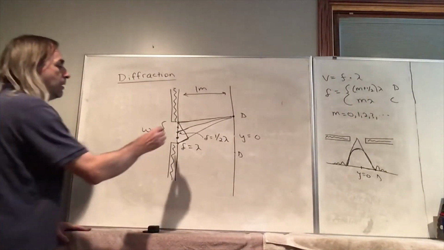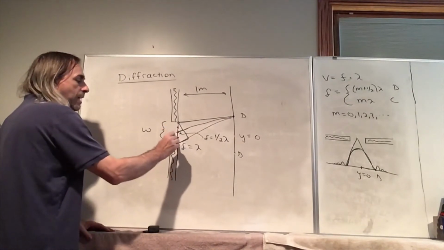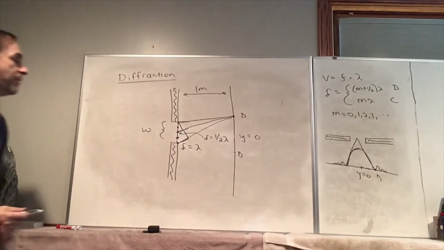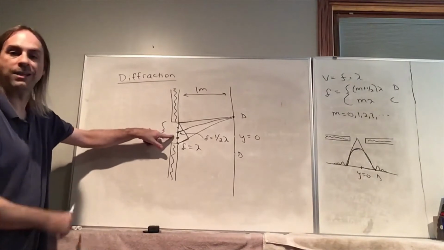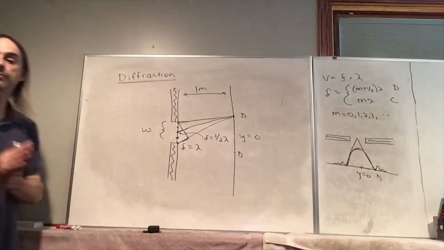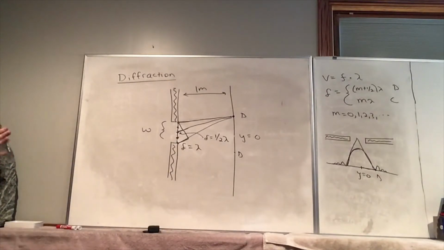Every point directly above the center has a point directly above the bottom end point that cancels it out. Basically, every point above has a point below that will cancel it out. And so delta equals lambda is the right path length difference to get all these waves to interfere destructively at that point.